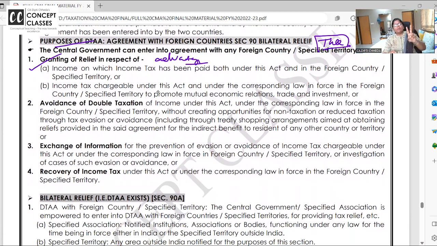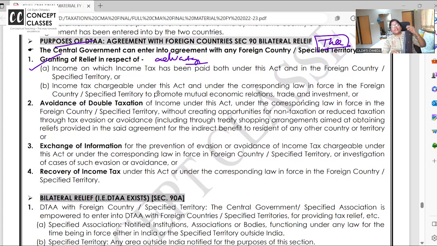We want people to pay tax correctly either in the source country or in the residence country, but no income should be taxed twice in the world. Correct or not? So income on which income tax has been paid both under this Act and the corresponding law in the foreign country, to promote welfare and all.